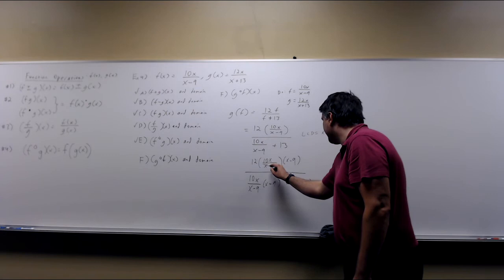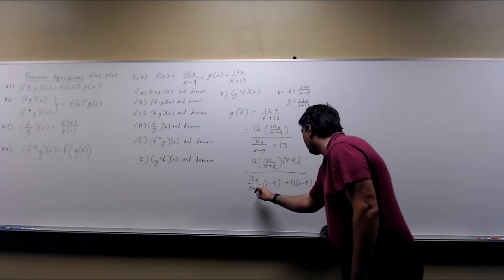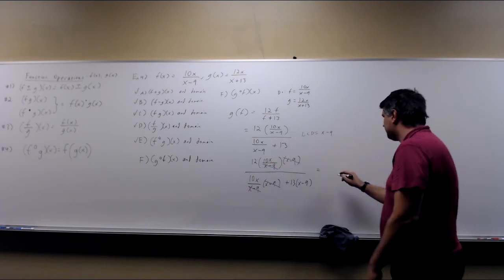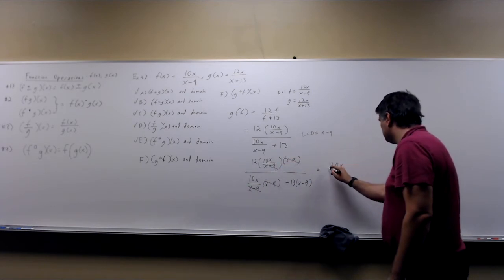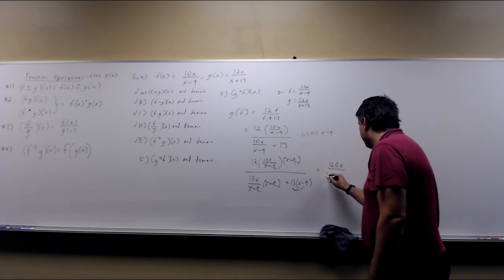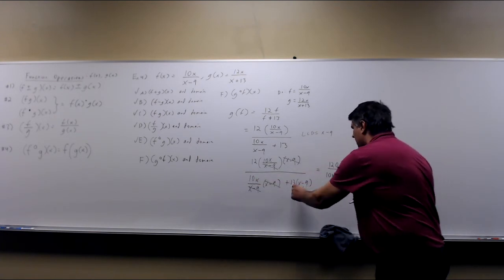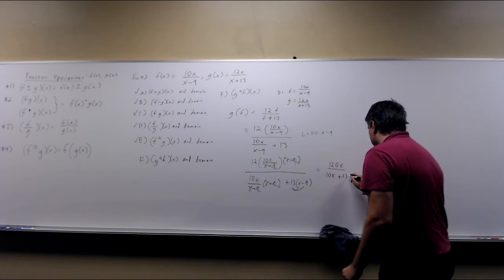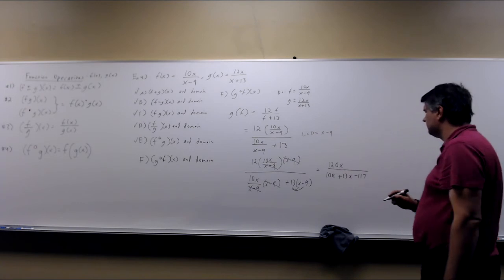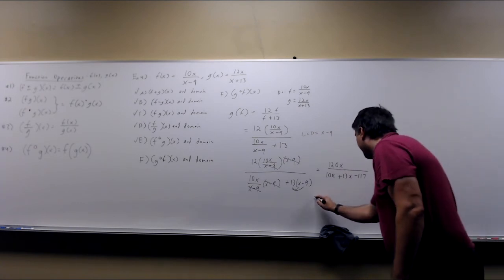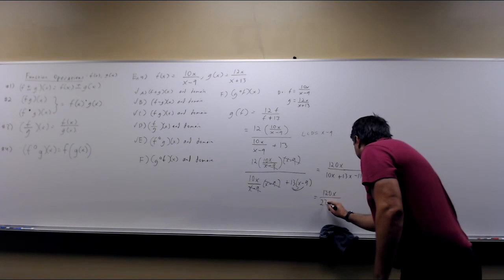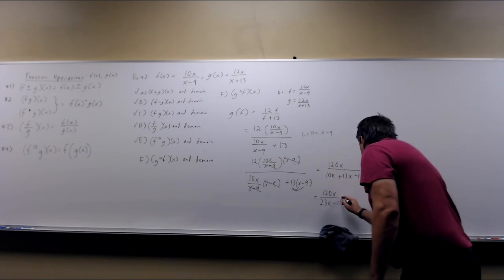And as intended, the denominators will cancel. So I will just end up with 120x. I'll go ahead and distribute here. I will have 10x plus 13x minus 117. And that will simplify as 120x over 23x minus 117.